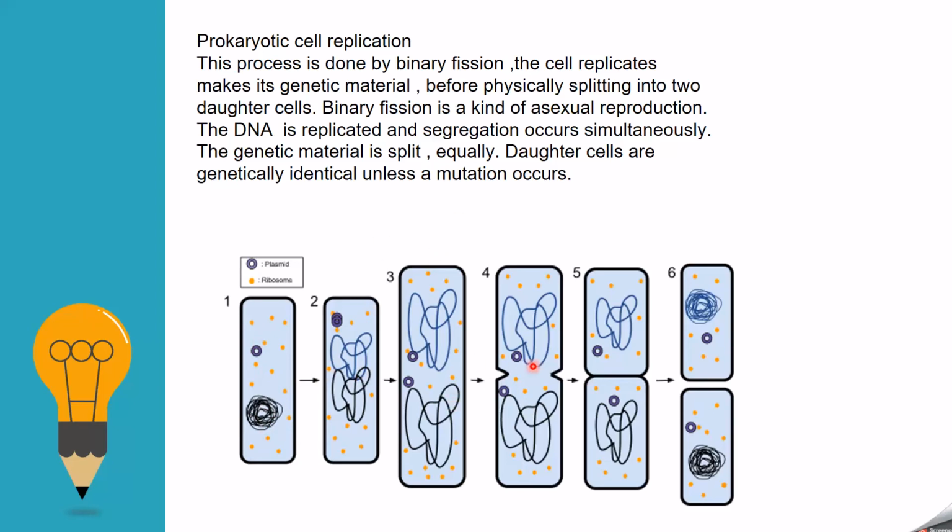While it's replicating itself, it starts to segregate, and you would have one copy of the DNA on one side and the other on the other side, but these little plasmids here are not fixed to go in certain places. They can go wherever they like, so you can have an unequal amount on either side. The genetic material is split equally, so the DNA strand and daughter cells are genetically identical unless a mutation occurs.